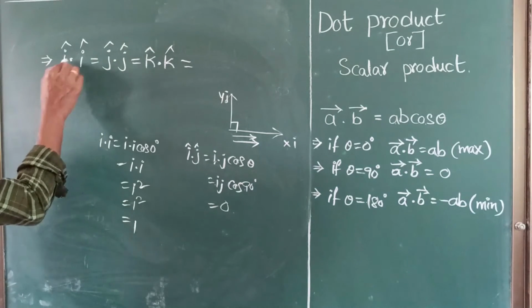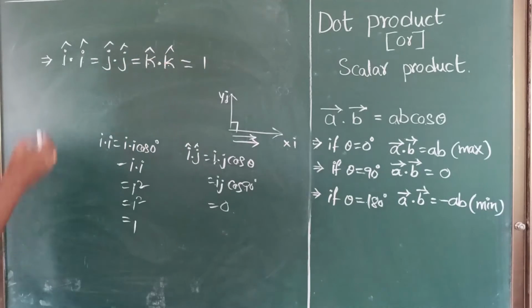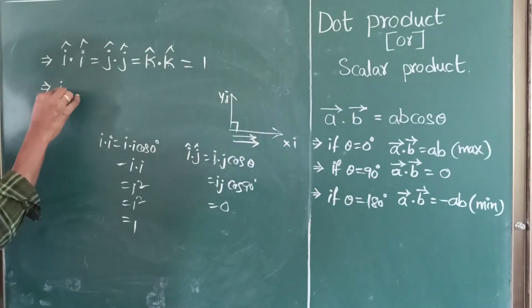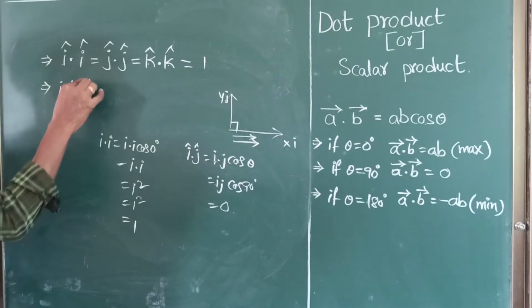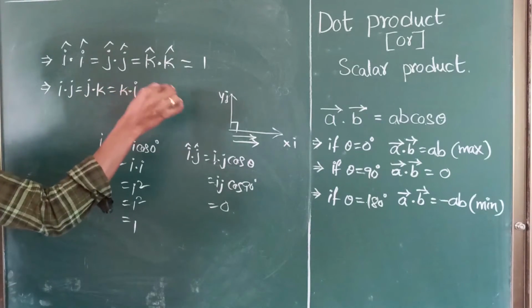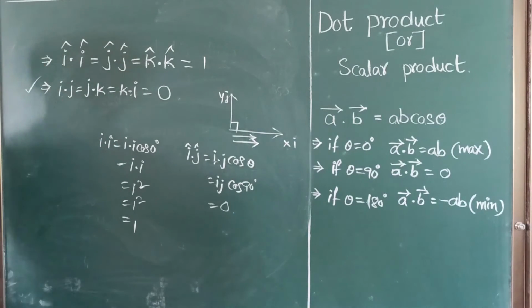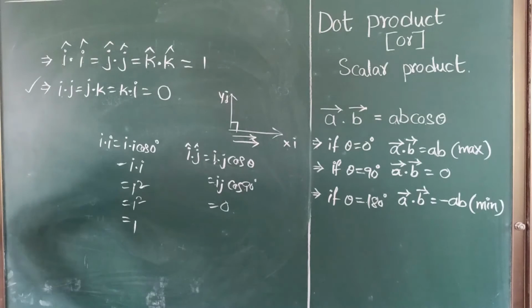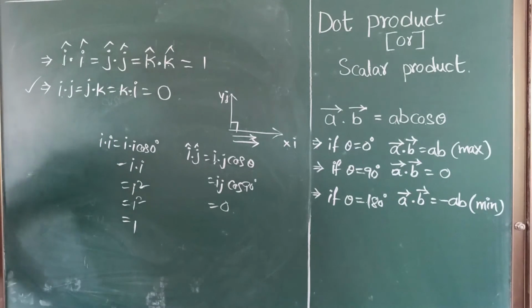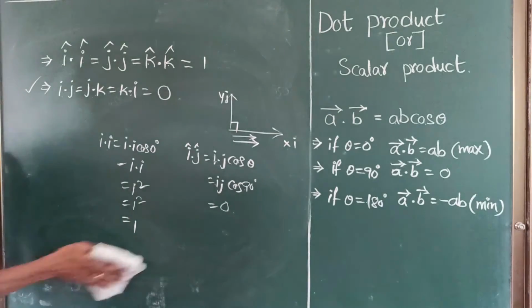So I dot I equals J dot J equals K dot K equals 1. And I dot J, J dot K, K dot I are equal to 0, because these are mutually perpendicular to each other. That is the condition we have to remember.